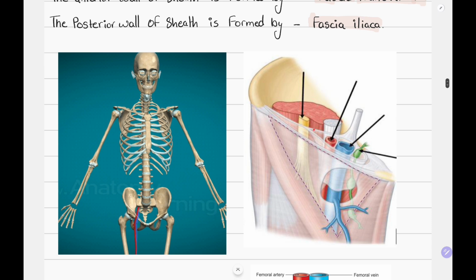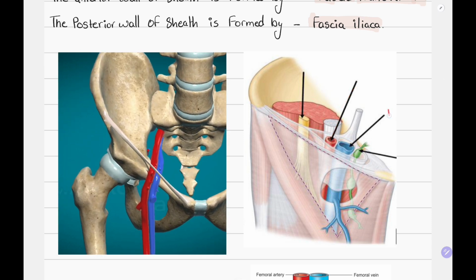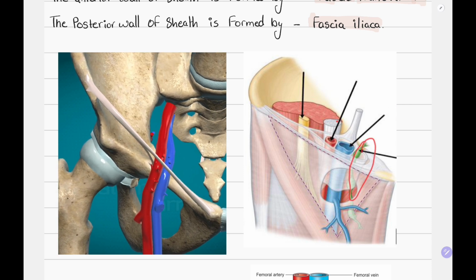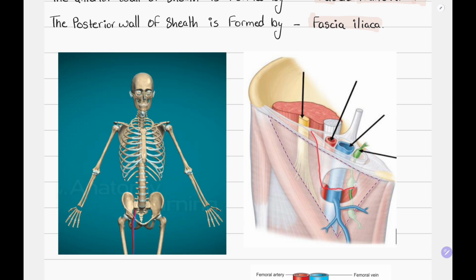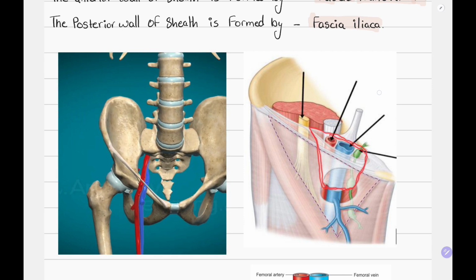This is our femoral artery, this is our femoral vein, and these are the lymphatics. These three structures are encapsulated by the femoral sheath.